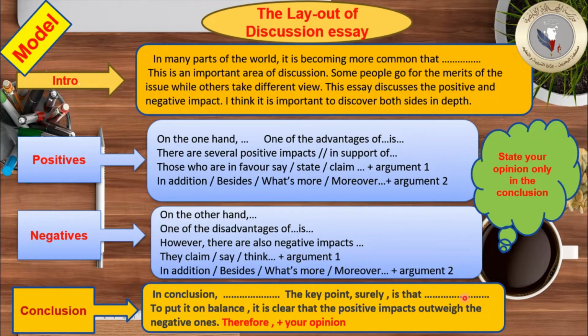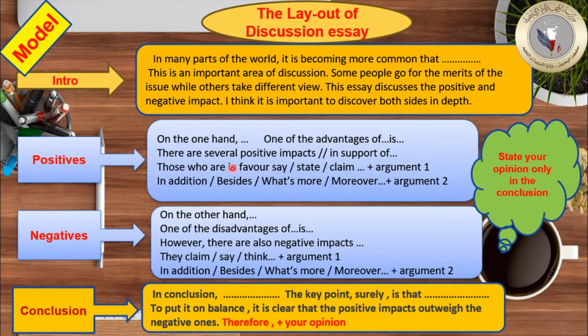You can write a diplomatic ending or conclusion as the one mentioned in the example in the textbook, that we will explain now. To put it on balance, it's clear that the positive impacts outweigh or exceed the negative ones.